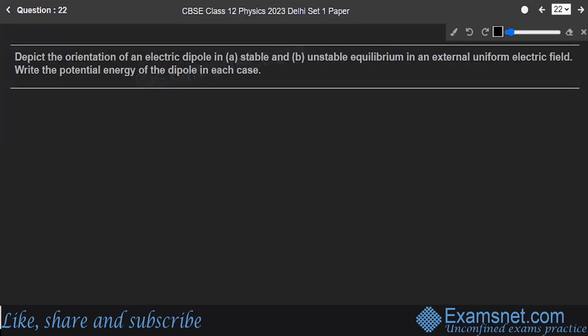Question number 22. Depict the orientation of the electric dipole in a stable and an unstable equilibrium in an external uniform electric field. Write the potential energy of the dipole in each case. See, you are having two cases. The first one is stable and the other one is unstable.